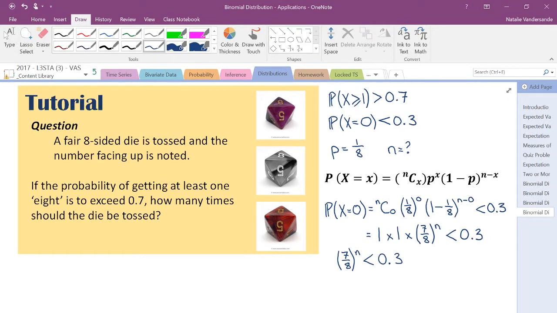Now we can take logs of both sides, and solve for n.